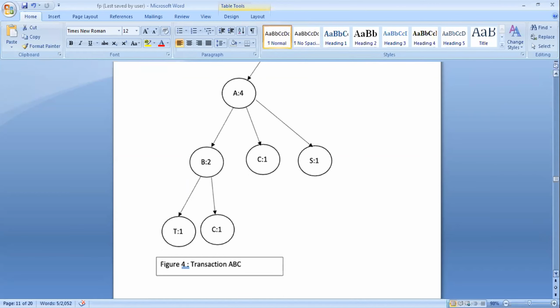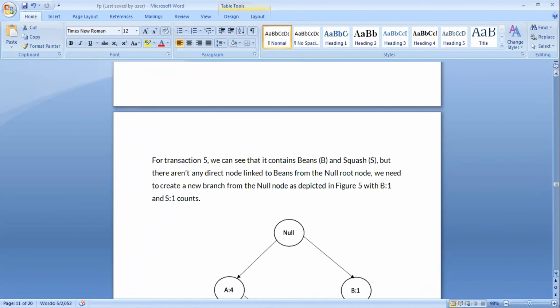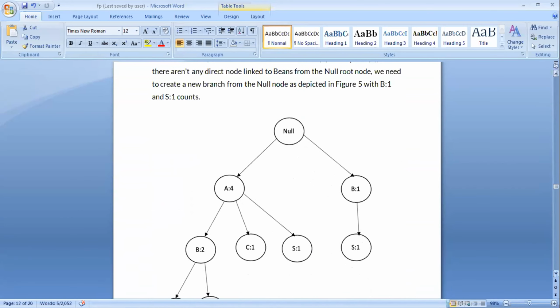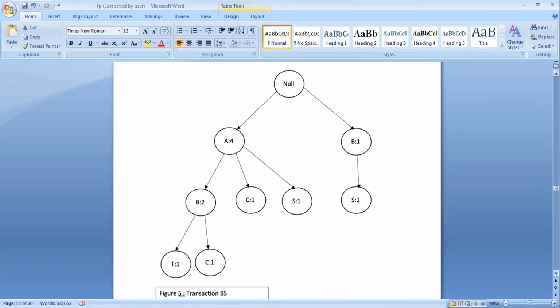So like this way, we have to construct the frequent pattern tree. See here, like this. After that, the next one is BS. So BS we have to represent here.